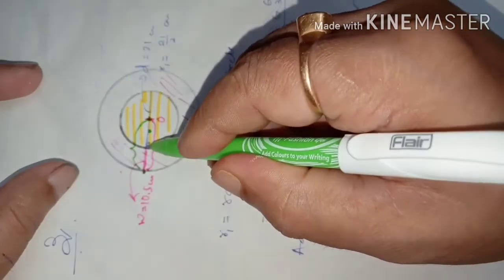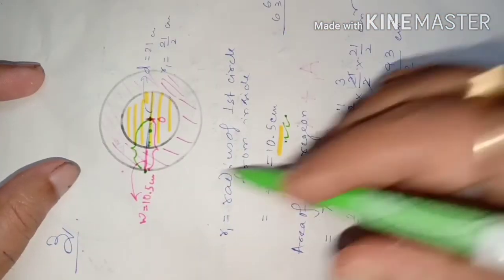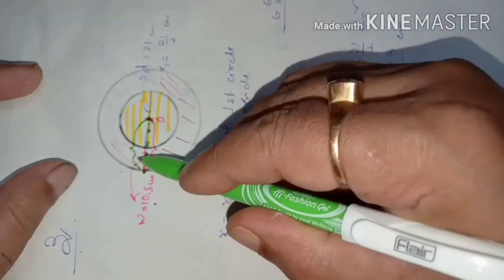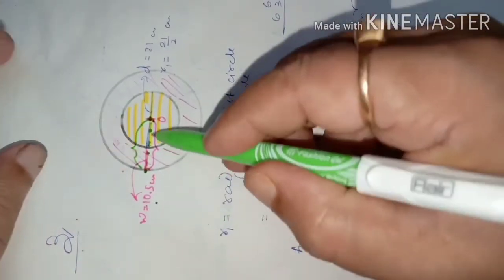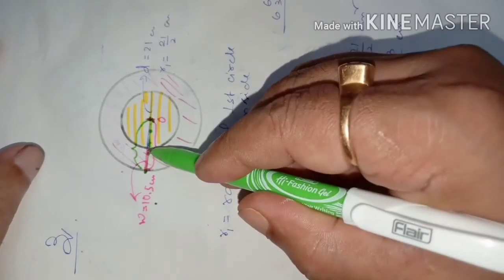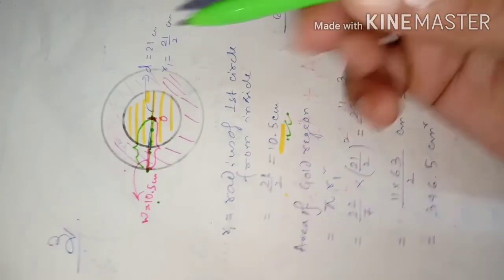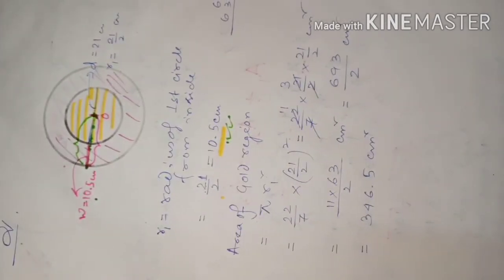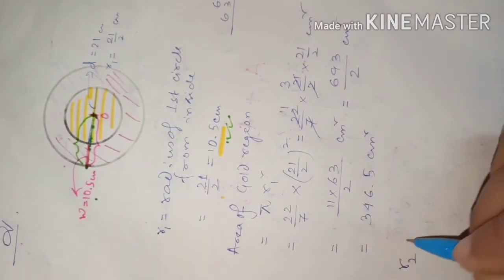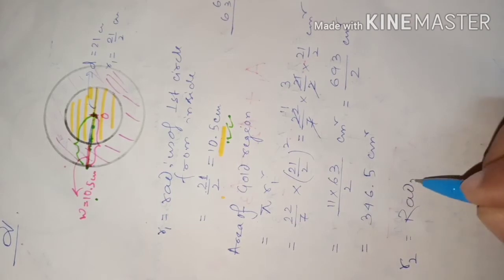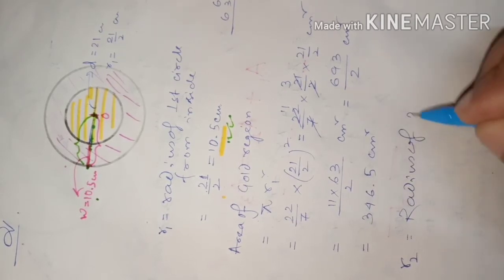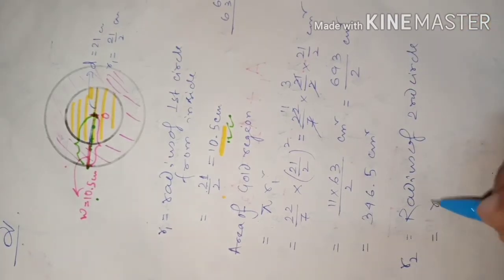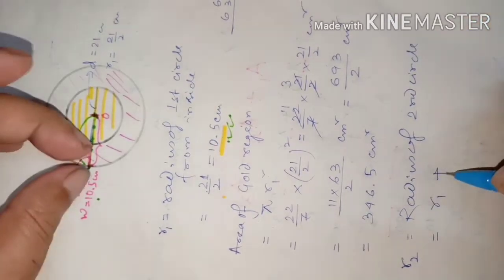Inside radius means the first radius was 10.5. Again the width is increased by 10.5. That is, the radius of the second circle will be this 10.5 plus this 10.5, which is equal to 21. So R2 is the radius of the second circle, which is R1 plus another 10.5.